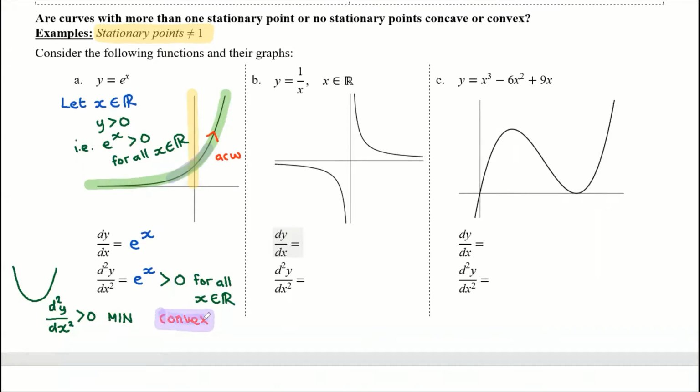So I'm going to make it look really important. It's convex. Okay, the reason it's convex is not because it has a minimum. We've just established that's not the case. The reason it's convex is because that second derivative is greater than 0 for all x. Okay, and when we use our clockwise, anti-clockwise technique, we know that we will always be going anti-clockwise.